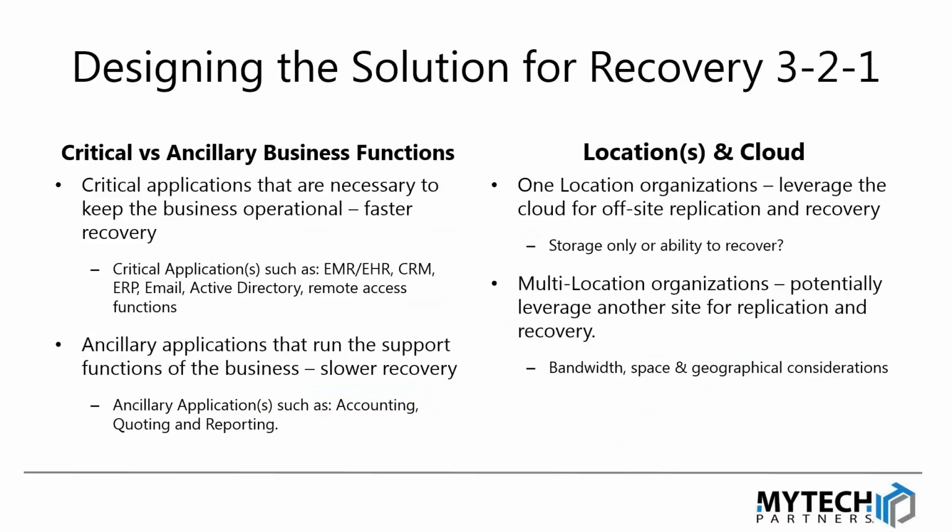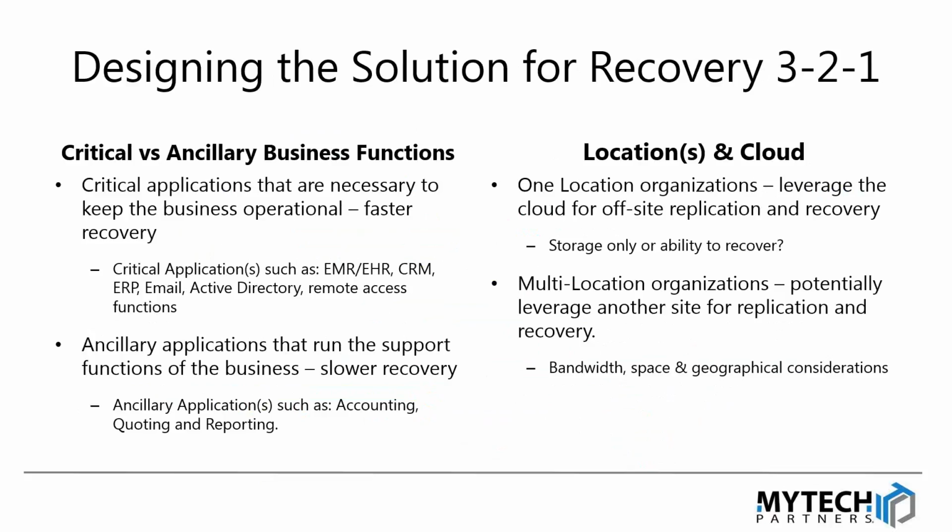Some of the examples we have here are our electronic health record system and our customer relations systems, and we map those onto their dependencies. In many cases, like the EHR, it comes down to, is the server up or is the server down? But some of the other ones, like email or remote access functions, may be more correlated to, is the internet up or is the internet down?